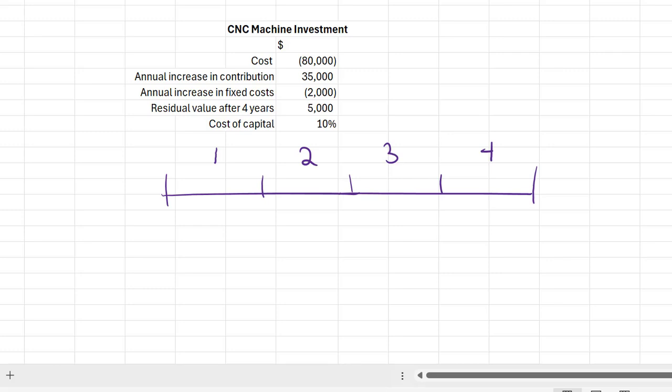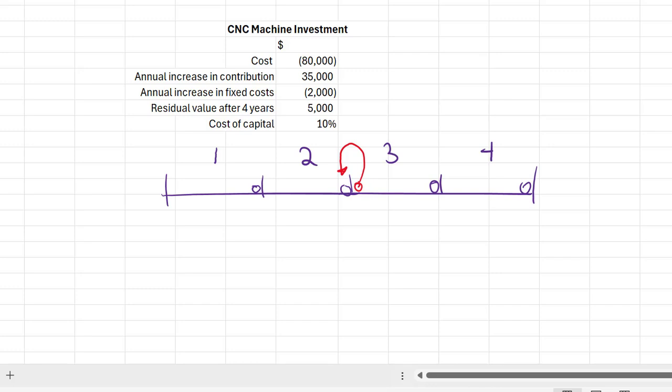If we designate one column for each calendar year, soon we'll need to distinguish between the beginning and the end of a year. So if something happens at the beginning of a year, for example, the beginning of year 3, we would represent that in the same column as the end of year 2.